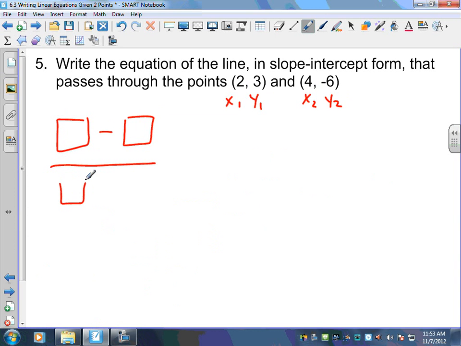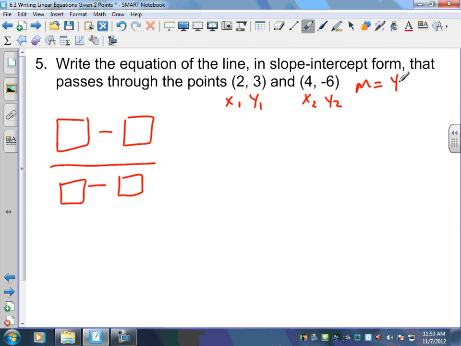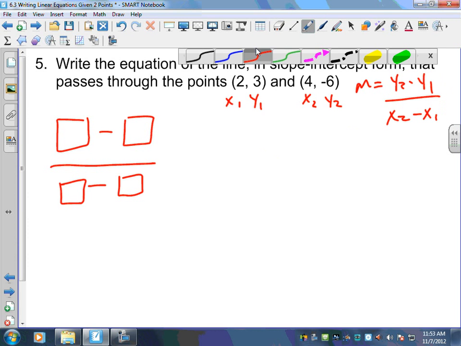Minus over minus. Our slope formula once again is m equals y2 minus y1 over x2 minus x1.